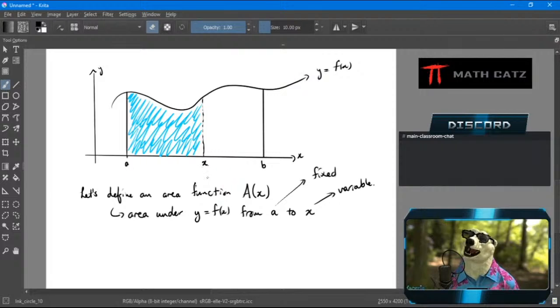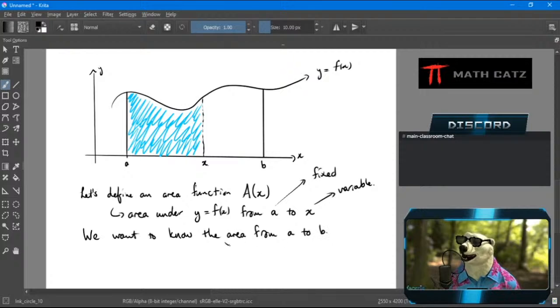But ultimately, we want to know what is the area from A to B. So let's write that here. We want to know the area from A to B, and that is then going to be our big A function, our area function, with little b as the input.